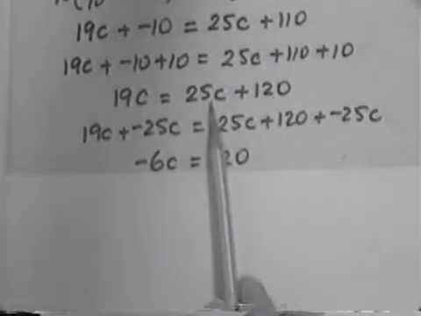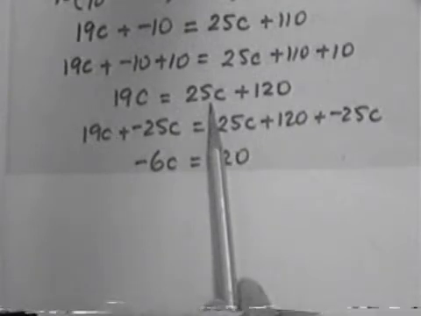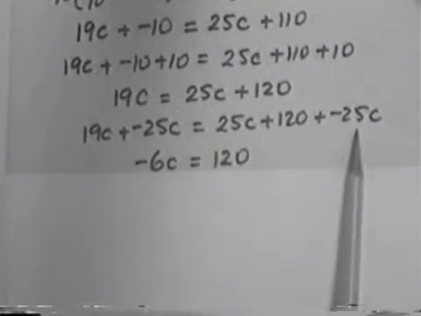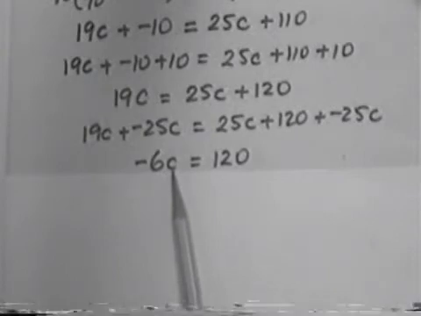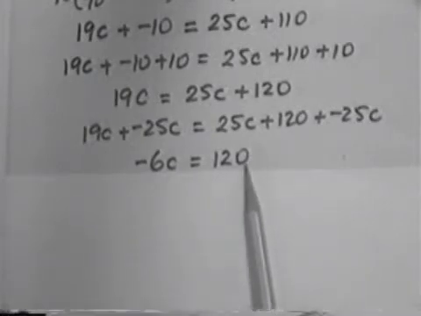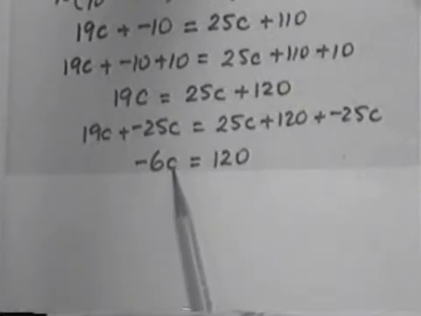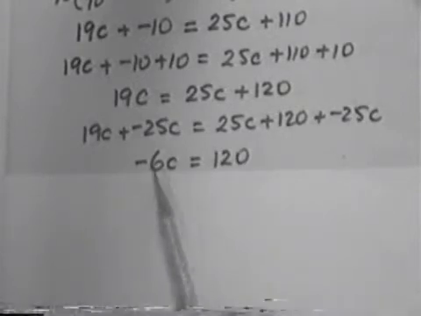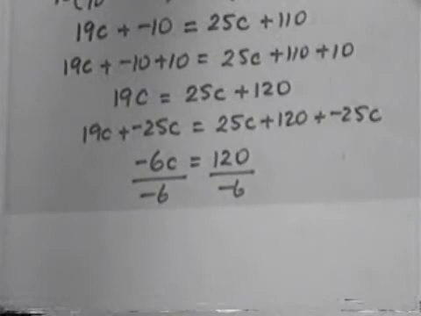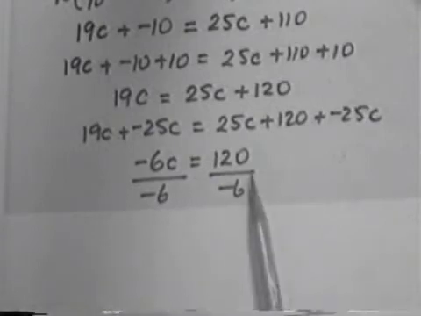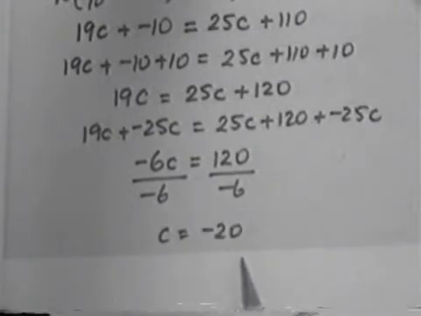The next step eliminated variable on the right by adding its opposite, and that left us with variable on the left and constant on the right. The only thing left to get c by itself is to divide by the coefficient, which is negative 6. So we divide both sides by negative 6. That leaves us with, on the left, c, and on the right, negative 20.